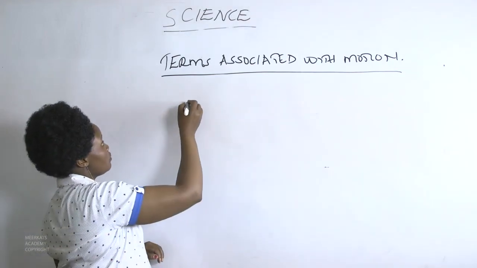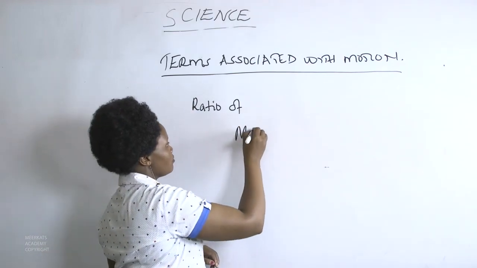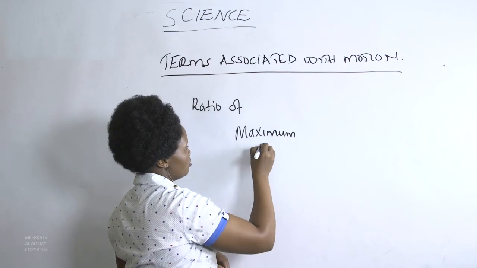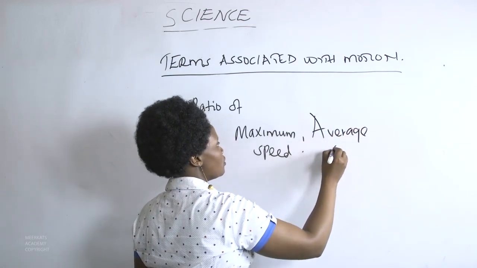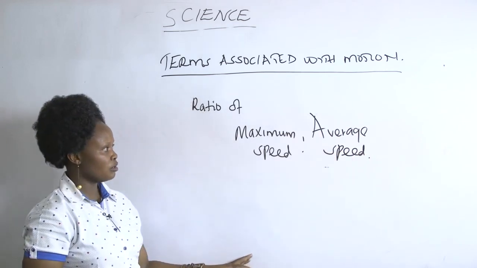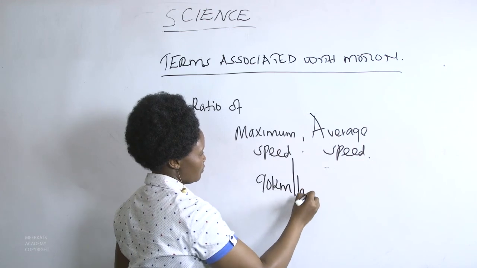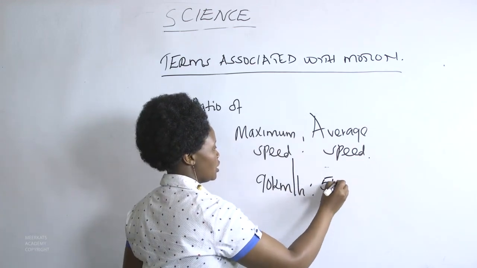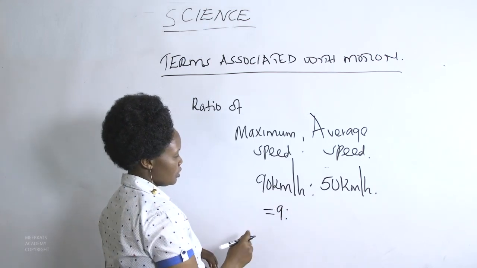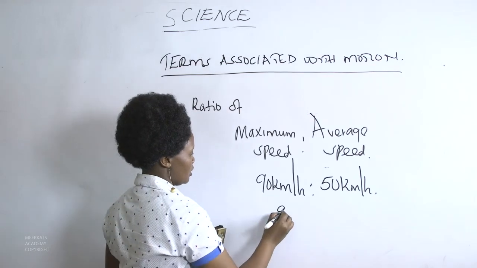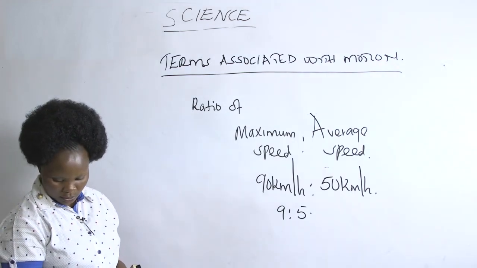It is very important because if we were after the ratio of, say, maximum speed to average speed, it would be the complete reverse of the first one, where we would have 90 kilometers per hour to 50 kilometers per hour, which would have led us to 9 to 5, which is the reverse of the one that we had in the beginning.